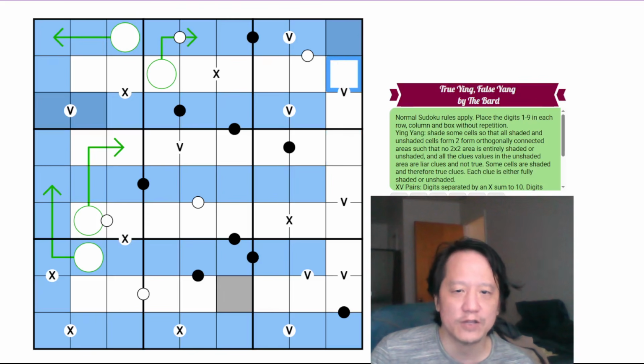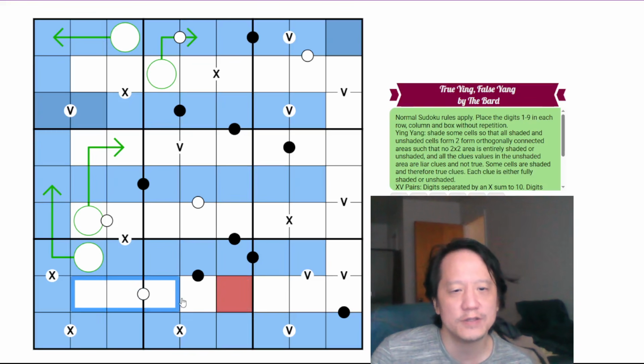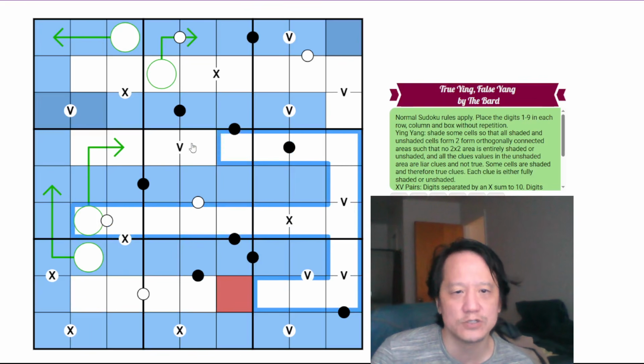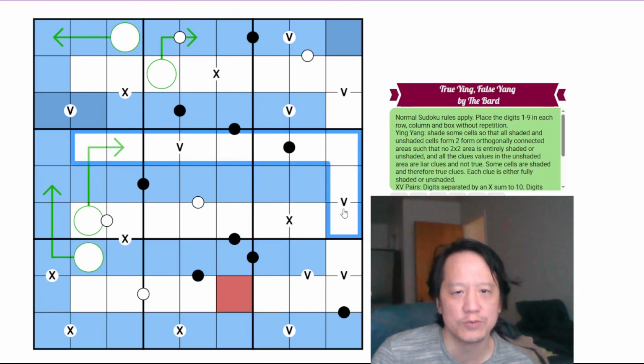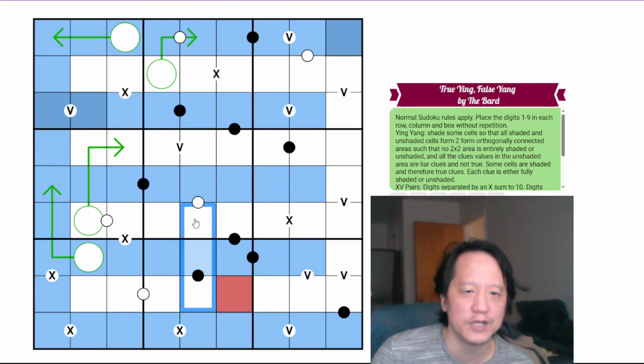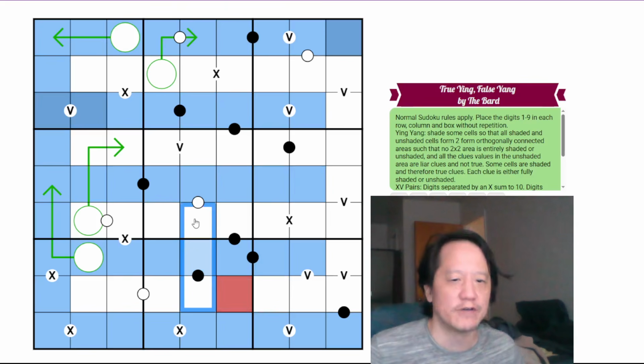What is not valid, though, would be a shading like this, because if this were shaded now, these cells can no longer get to these cells by going just through edges while staying within the region. In this specific case, they have to go through an edge and exit the region, which obviously doesn't work.